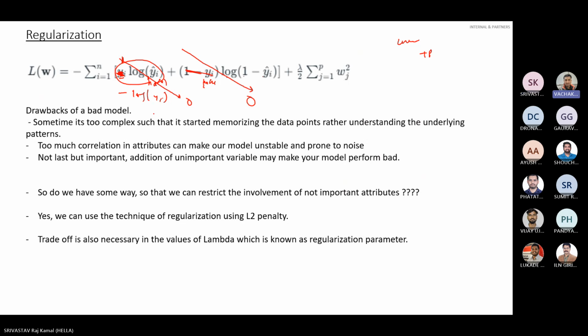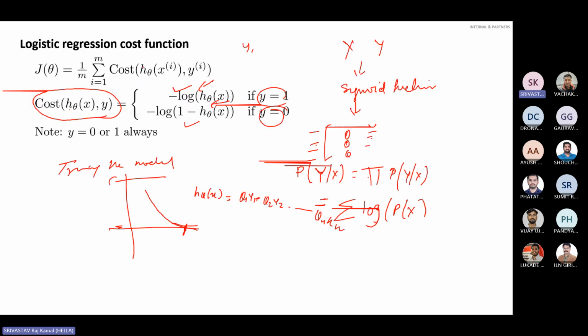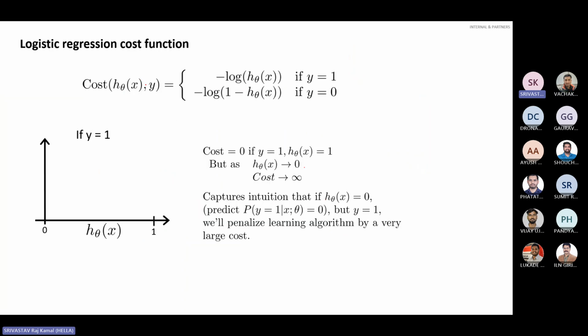Notations are complicated. But for hypothesis, we use h theta because H denotes hypothesis.